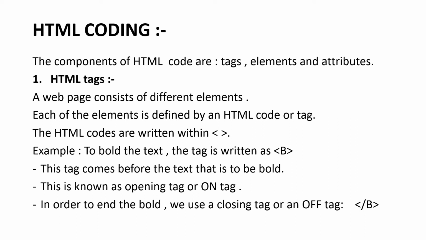The off tag is defined by adding just a forward slash in front of the tag. As you can see on the screen, I have defined the closing tag for bold. I have just added a forward slash ahead of B. In this way, you can close the tag.